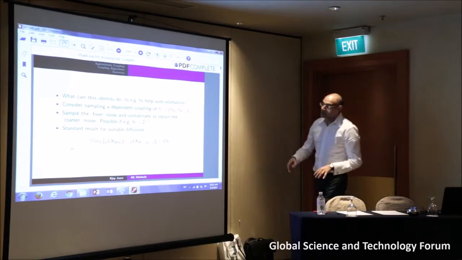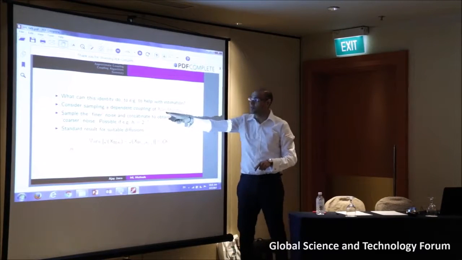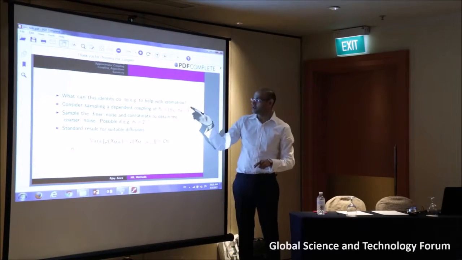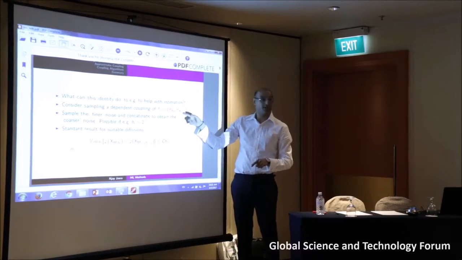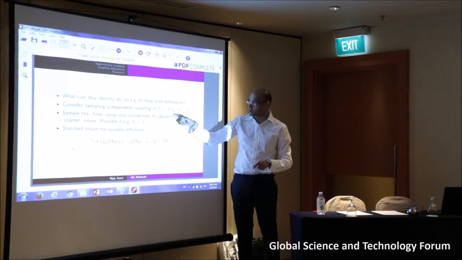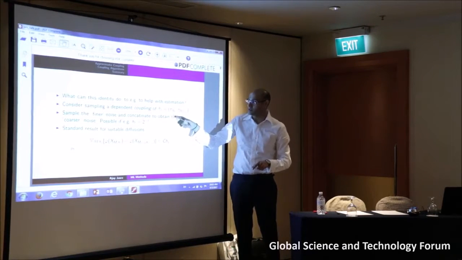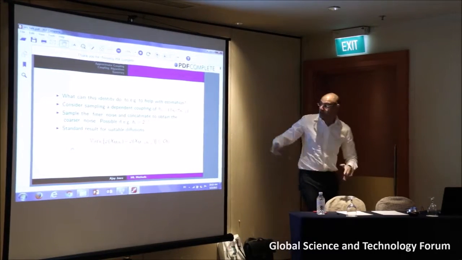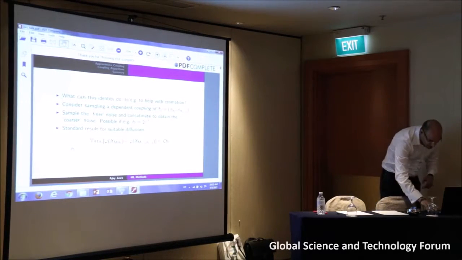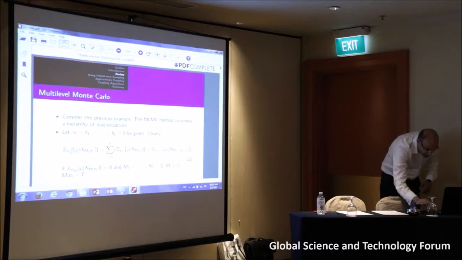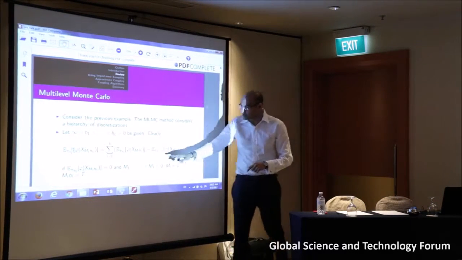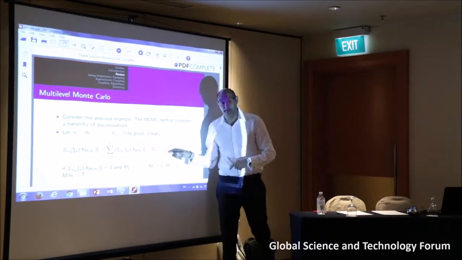Now, if it's possible to simulate a coupling, by which I mean a joint distribution such that the marginal in one coordinate is the coarse discretization and the marginal in the other coordinate is the finer discretization, then if I could sample IID from this coupling, I can approximate these terms like this, except that the terms are correlated.